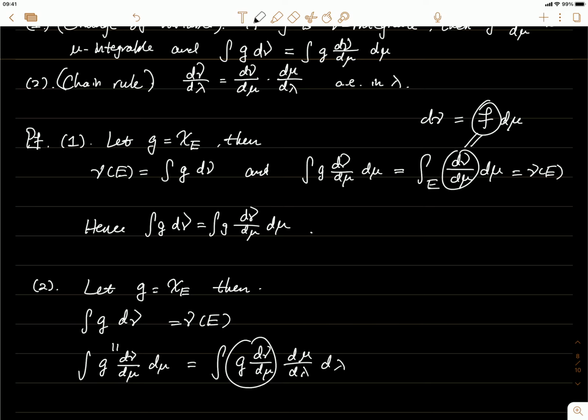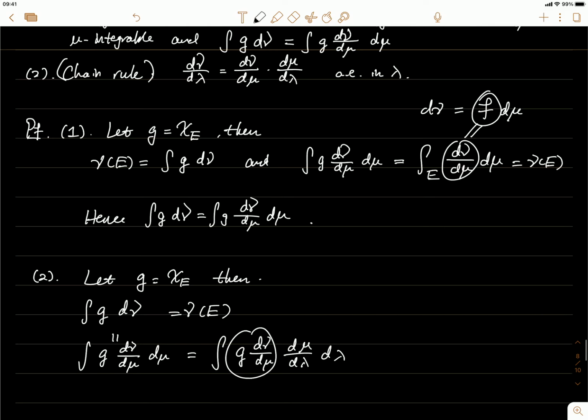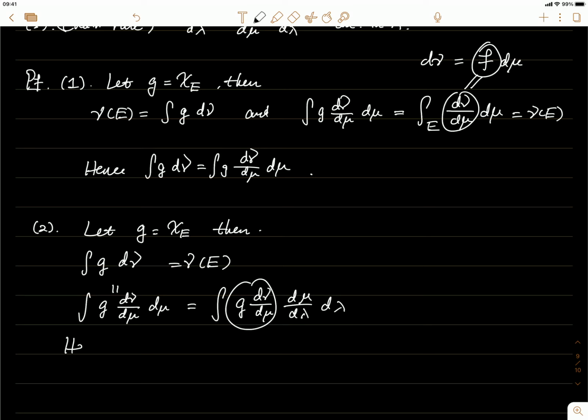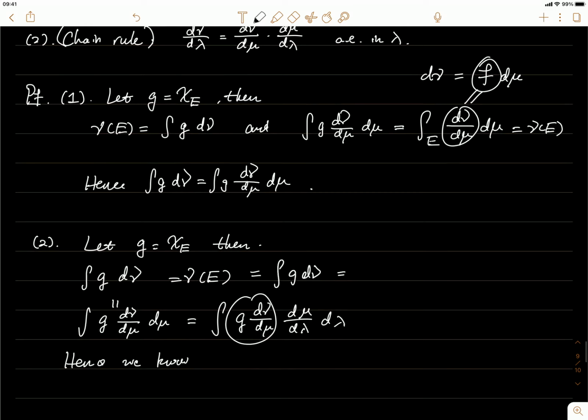So since this is true for any E, we know that, on the other hand, this is equal to that, and it is also, according to the chain rule above, equal to G d nu d lambda.